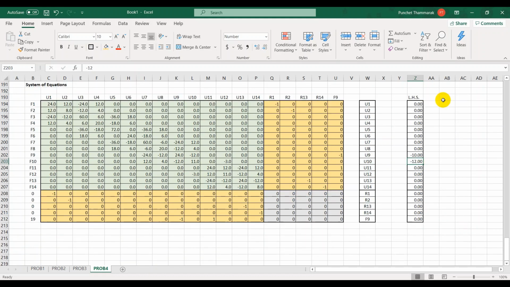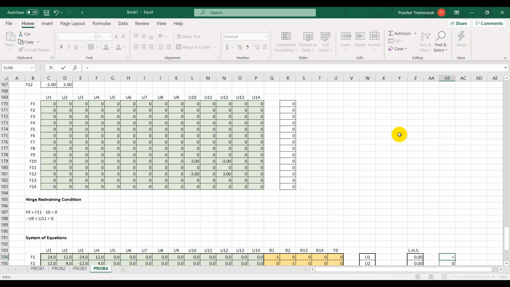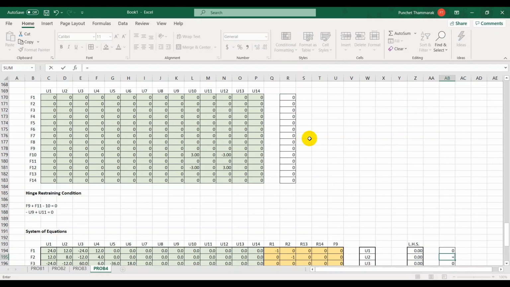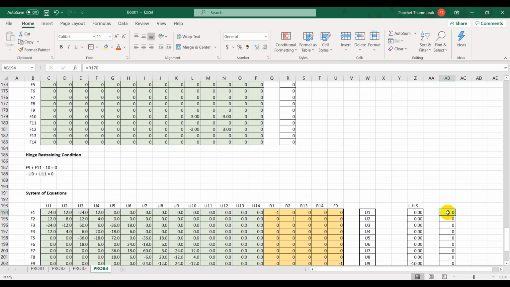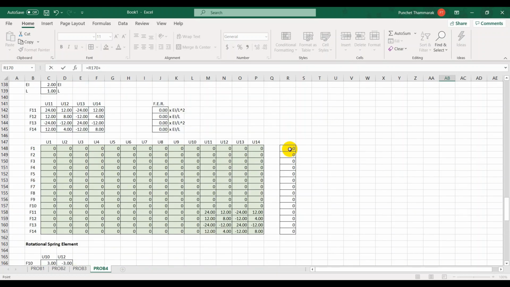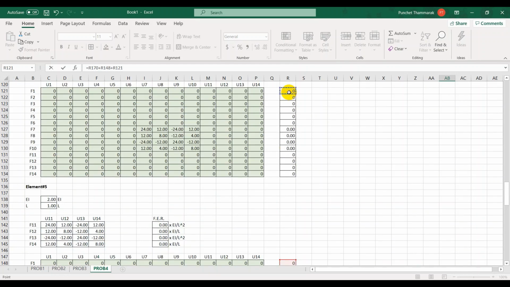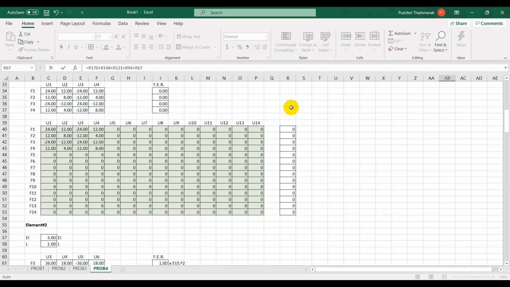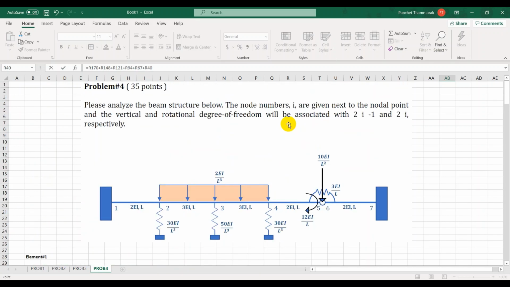Okay, and then I will make the fixed end reaction, which is this and this, add up with this, add up with this, add up with this. Enter.